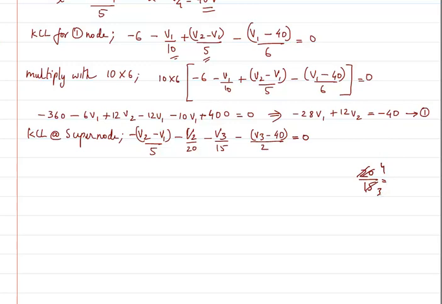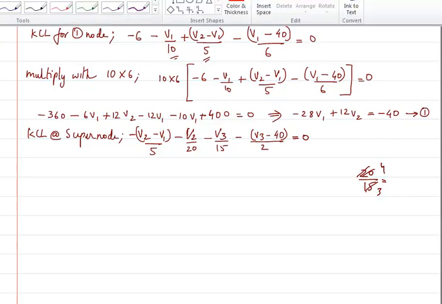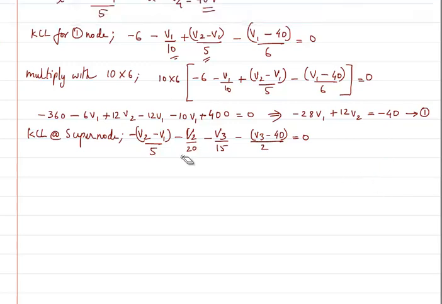So I should multiply it with 15, otherwise it won't go. Or I can even multiply it with 30. But again, I don't want to confuse you all, so I will just multiply it with 20 and 15, because 5 will automatically go, no problem.